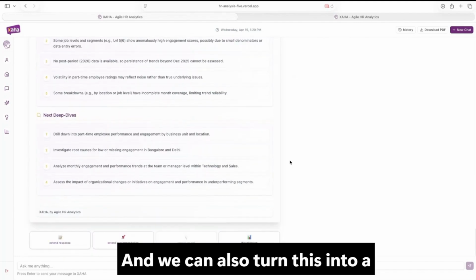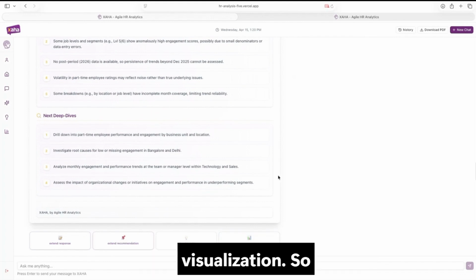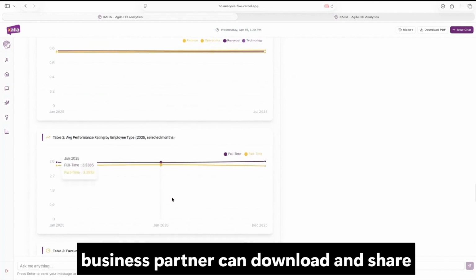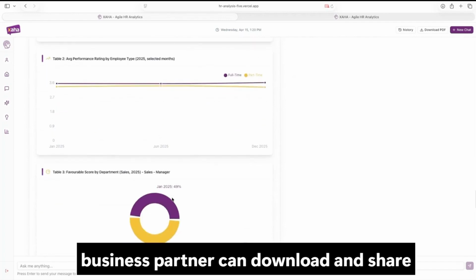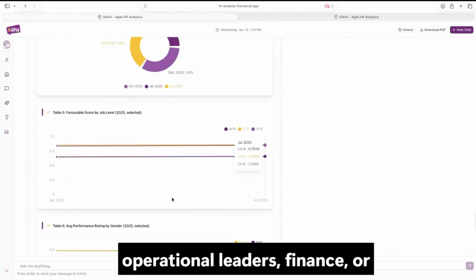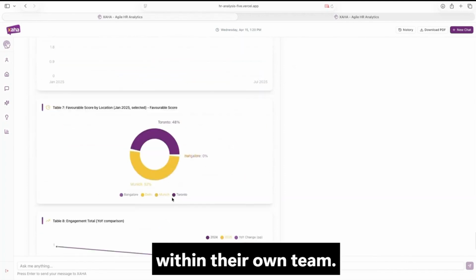And we can also turn this into a visualization. So both the business leader and the HR business partner can download and share this internally, whether that's with operational leaders, finance, or within their own team.